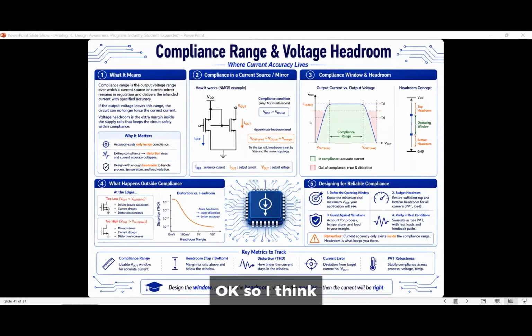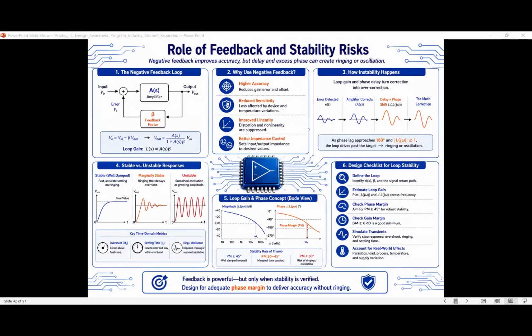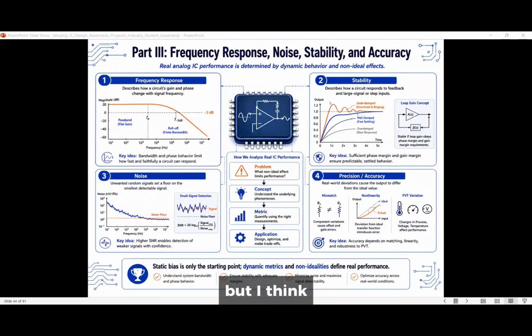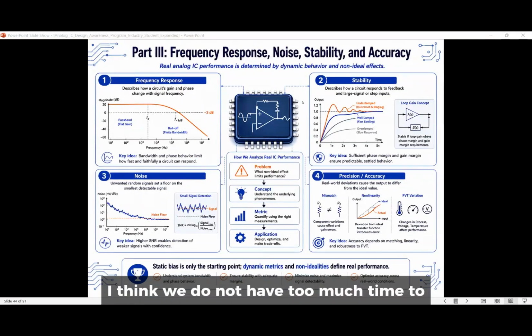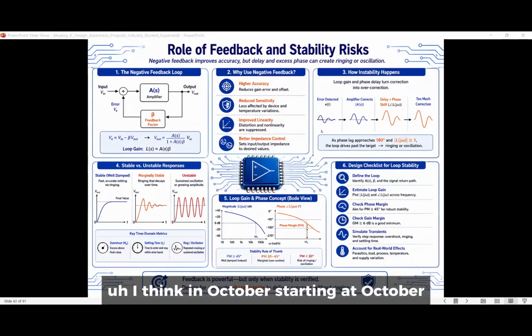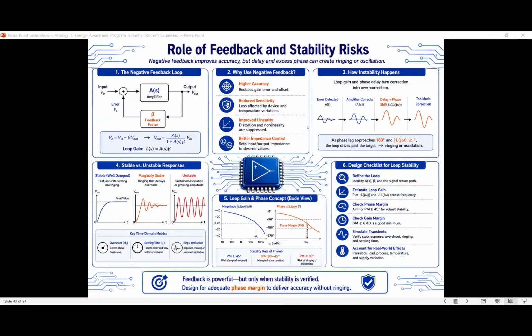Okay. So I think we still have some slides here, but we do not have too much time to go through all of them. But I believe during the class, starting in October, we will study all of these fundamental issues.